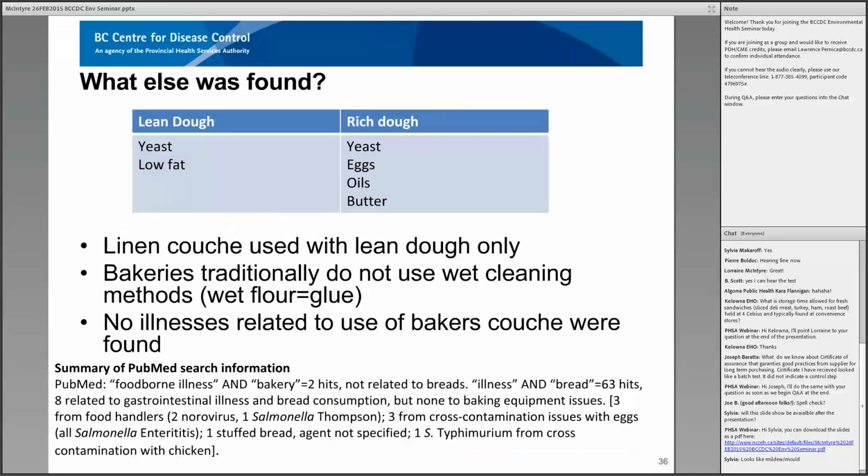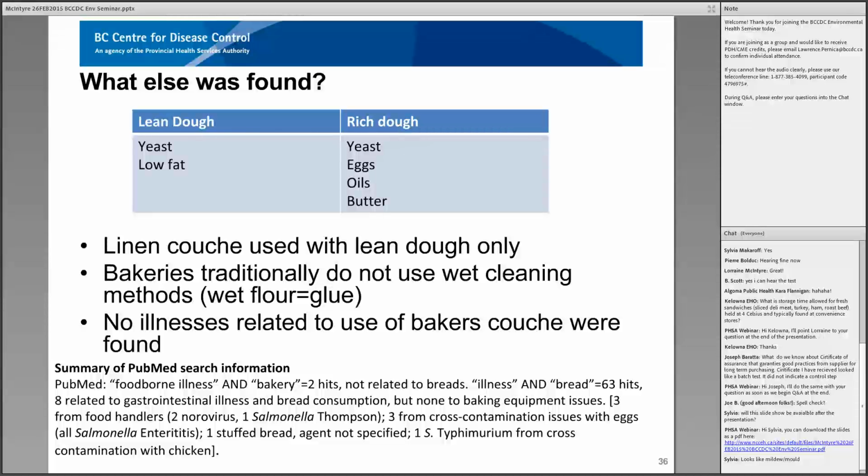So what else did we find out? Well, in fact, breads come in two basic types, lean dough and rich dough. And couches should only be used with lean dough. So if you use them with rich dough, with eggs and oil and butter and things, that's a no-no. So if you're inspecting these premises, figure out what kind of breads they're using them with. And if it's lean dough, it's pretty low risk.